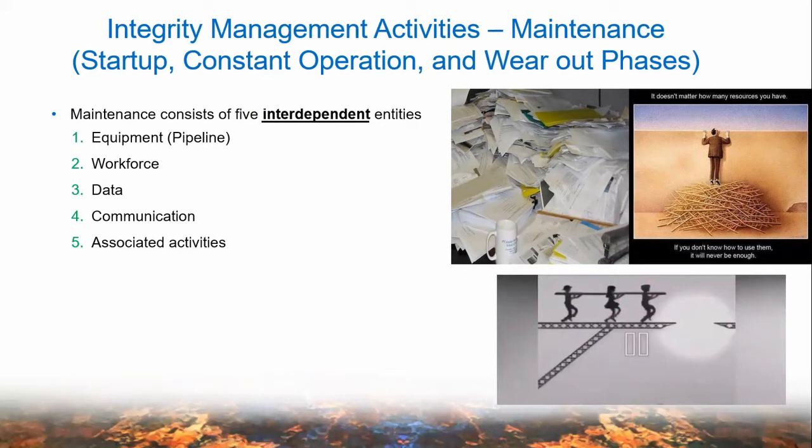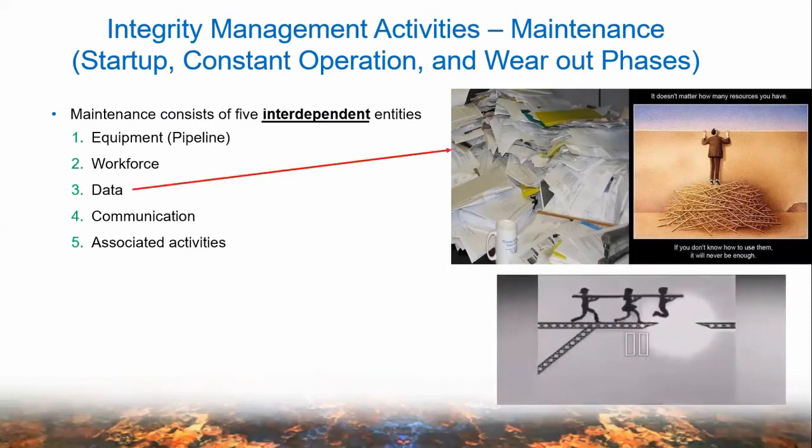But in reality, maintenance consists of 5 interdependent entities: equipment, that is pipeline; workforce, that is us; data, communication, and associated activities, that is the role of a subject matter expert like me. From my 26 years of experience with the industry, I can say that the weakest link is the data.